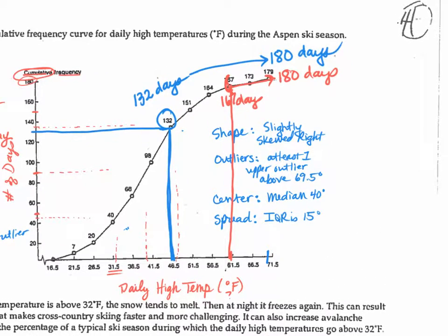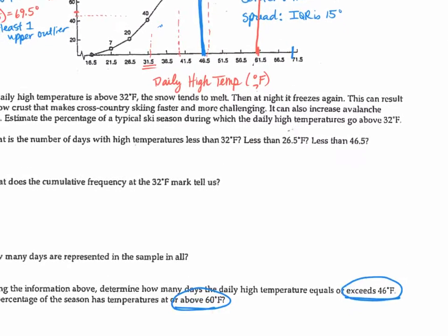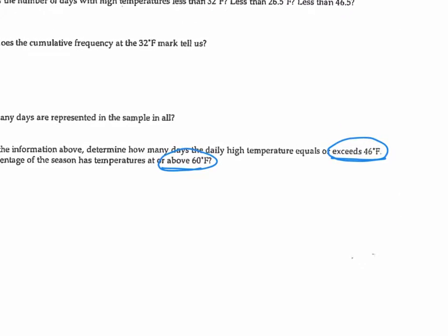Okay, so how many days did you get that exceed 46 degrees? 47. Okay, so I went from 132 up to 180, and whatever that subtraction is. 46. Okay, so probably 46 to 48, whatever it was that you decided.